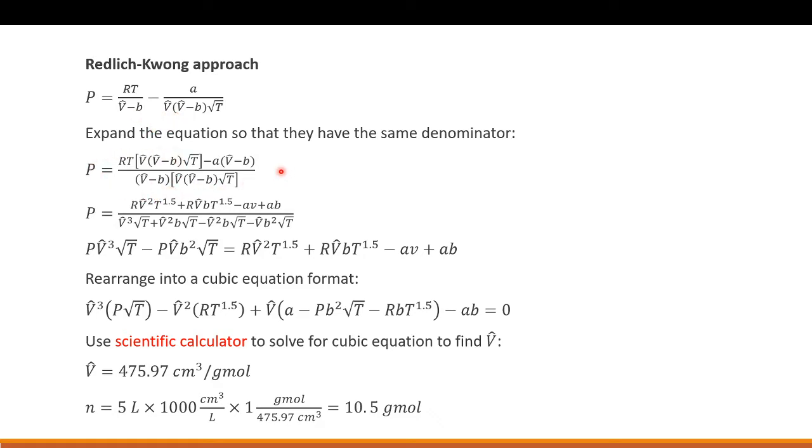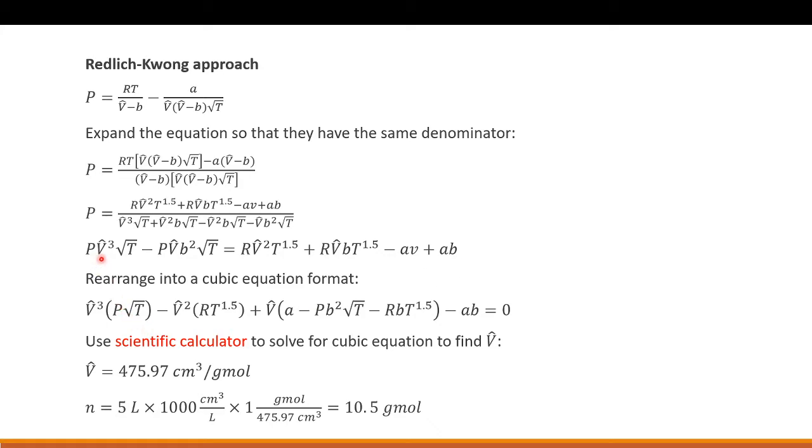Now overall, we have an equation that has the same denominator. Rearrange the equations and expand it further, and you should get this equation. It's very long, I'm not going to pronounce it. After you get this equation, move the denominator over to the left-hand side, and you should get an equation like this.